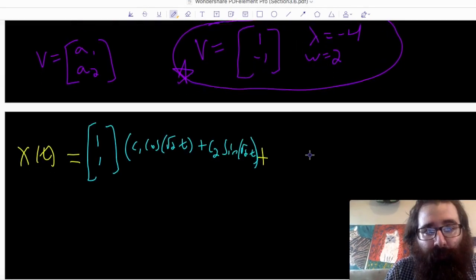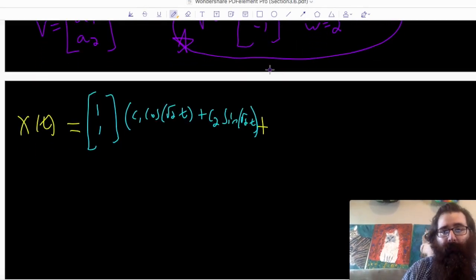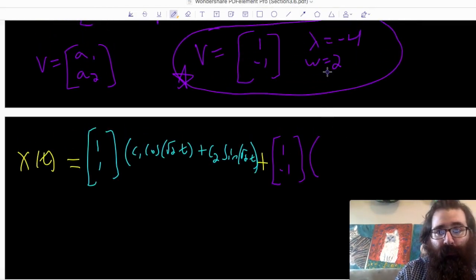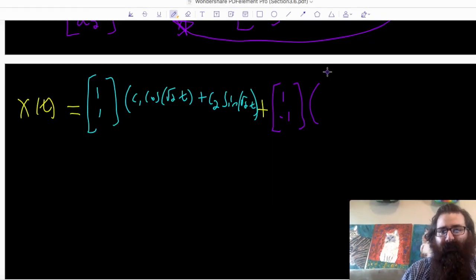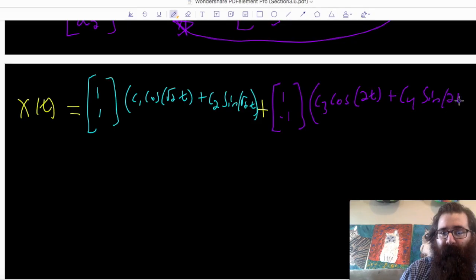And then the purple, we got a vector 1, negative 1. And then here the frequency was 2, so we should have c sub 3 cosine 2t plus c sub 4 sine of 2t.